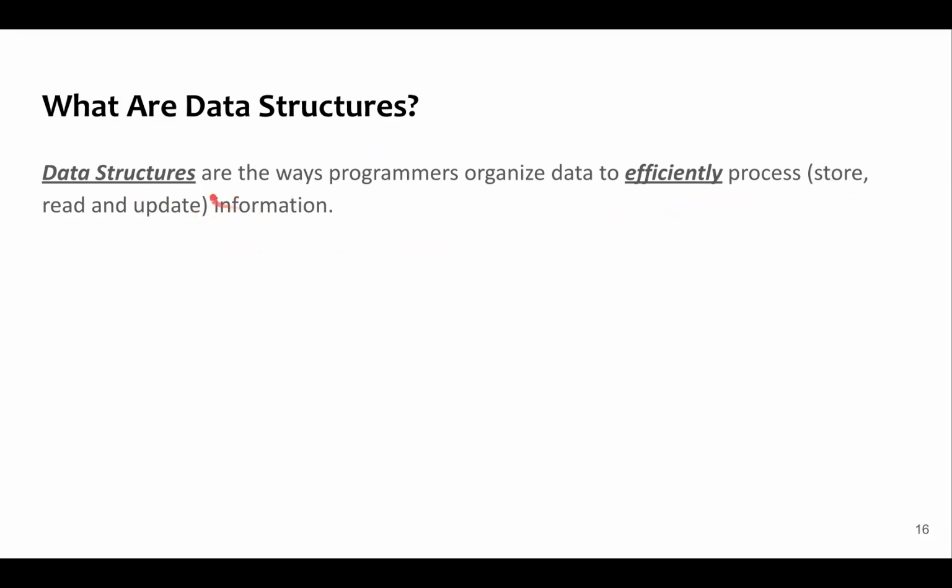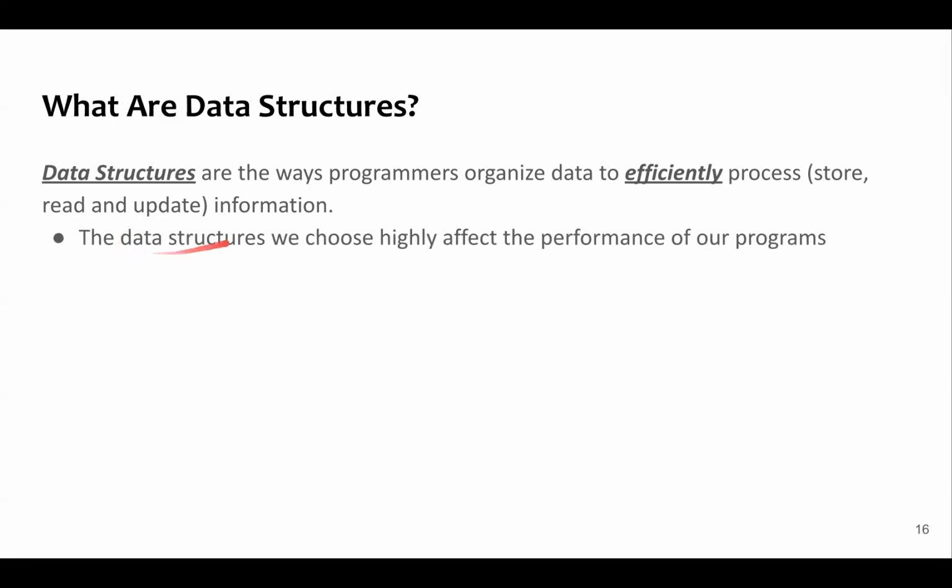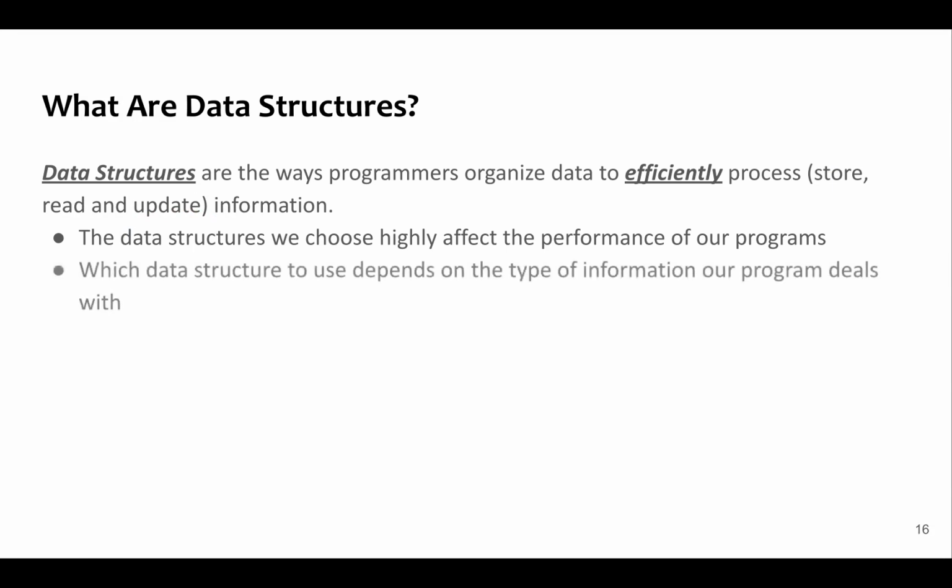So basically, data structures help us process data or information more efficiently. And the data structures we choose highly affect the performance of our programs. And what kind of data structures to use depends on the type of information our program deals with.